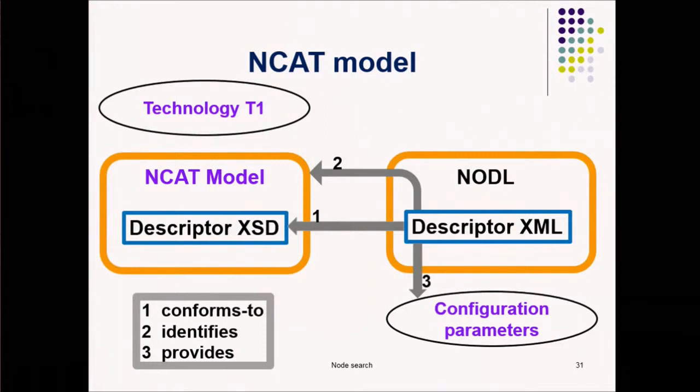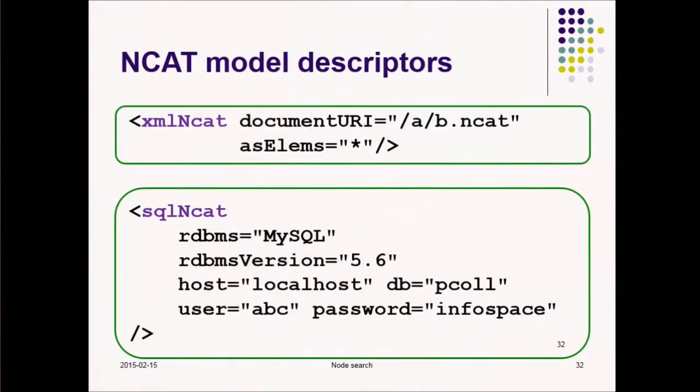It identifies the technology, and as it conforms to the technology model descriptor XSD, it is guaranteed to provide all required configuration parameters. So far, I have defined 2 NCAT models, one for XML-based NCATs and the other for SQL-based NCATs. And here you see examples of the model descriptors.